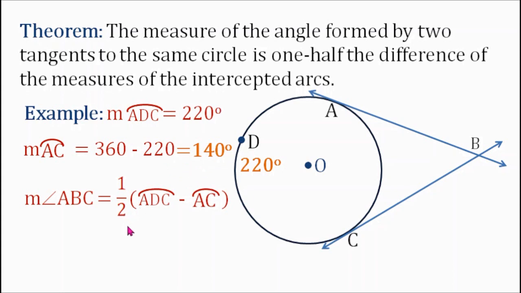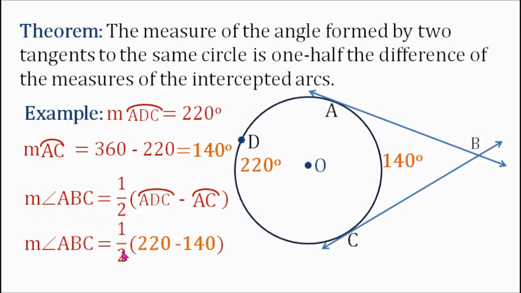Now, using our formula, the measure of angle ABC is 1/2 of the difference between 220 and 140. And 220 minus 140 is 80, and 1/2 of that is 40. So this means angle ABC measures 40 degrees.